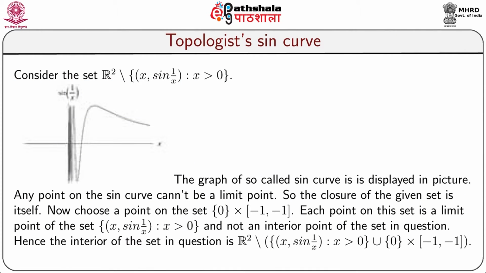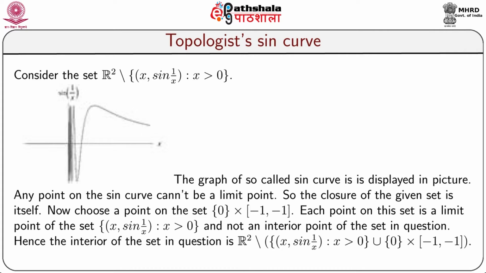This is a very important example. This is called the topologist's sine curve. The graph shown in the picture is generally called the topologist's sine curve. Its description is that it is all points (x, sin(1/x)) such that x is greater than 0. Now, if this graph is removed from R2, what will be the interior and closure?